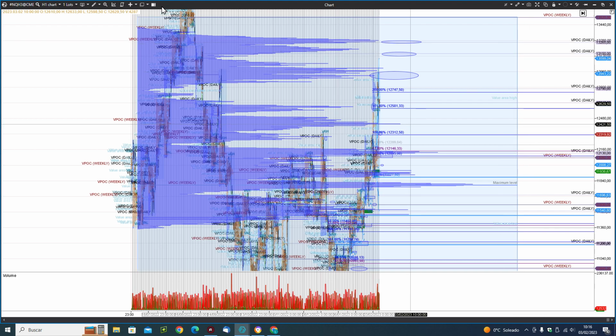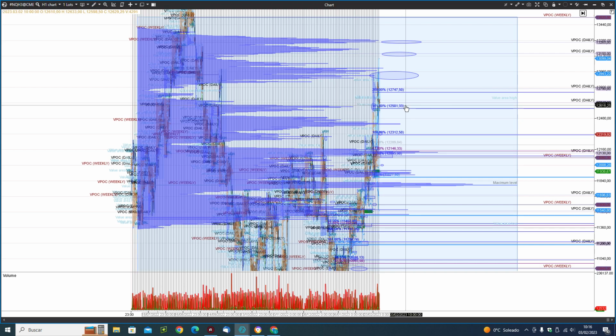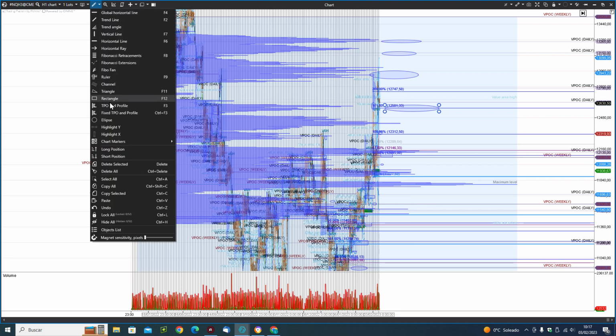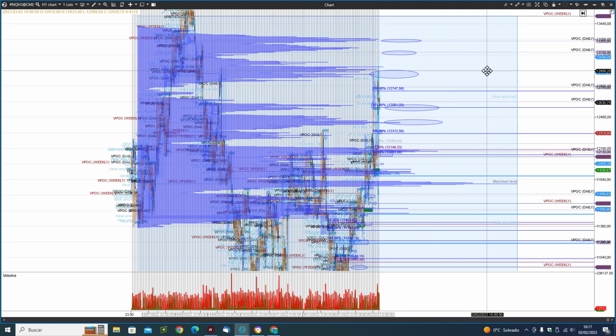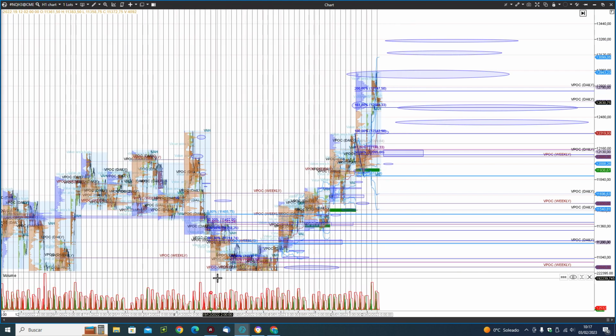We can see here another high volume node exactly here, and below this point there is another one here. And so let's quit this drawing and see what happens here.